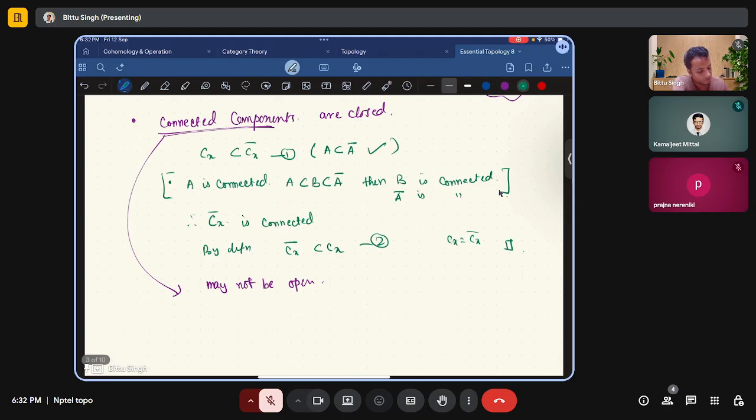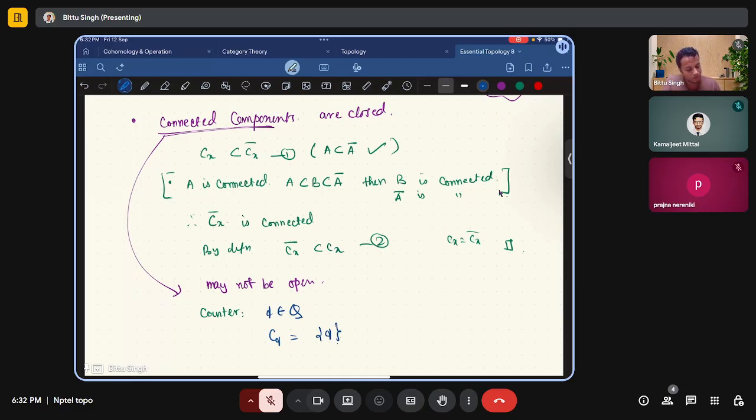What is the counterexample? Again, consider Q. Take any q belonging to Q. The connected component corresponding to q, denoted by Cq, is the singleton point q, right? So Cq is the singleton point.